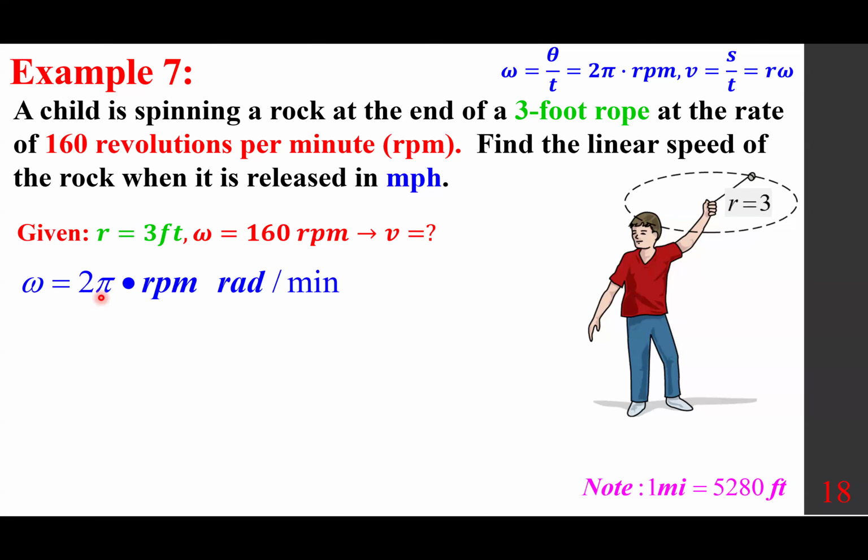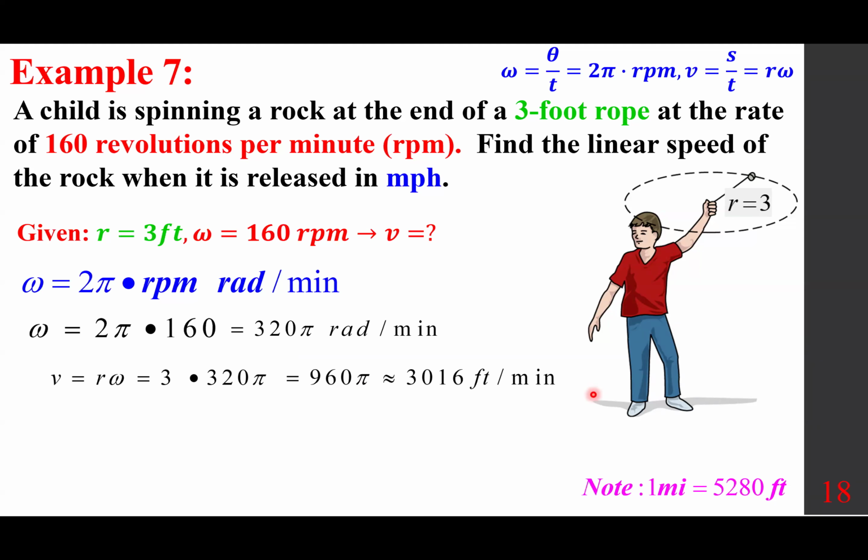So omega is 2 pi times 160, which is 320 pi radians per minute. V is r omega. That's why the given helps. 3 times 320 makes it 960 pi, roughly 3016 feet per minute.